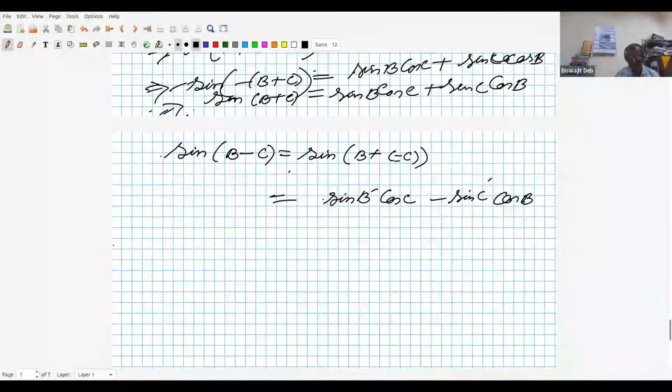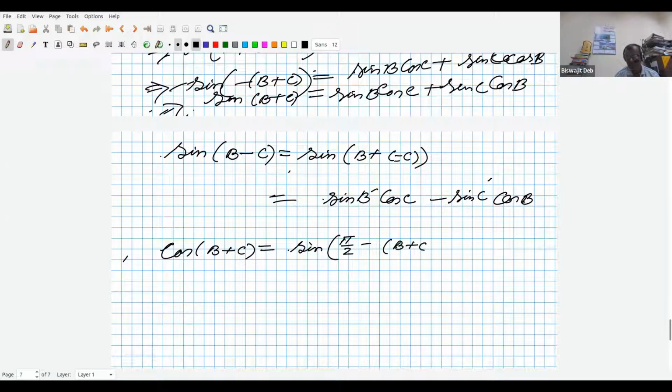Now I want to know what is cos of B plus C. I can write this as sine of pi by 2 minus B plus C, as we have proved that sine of pi by 2 minus theta is equal to cos theta.